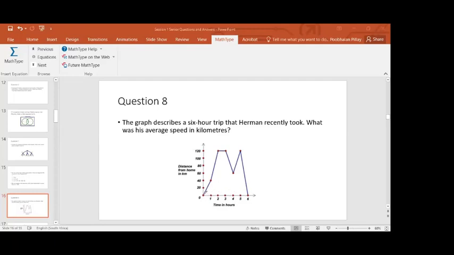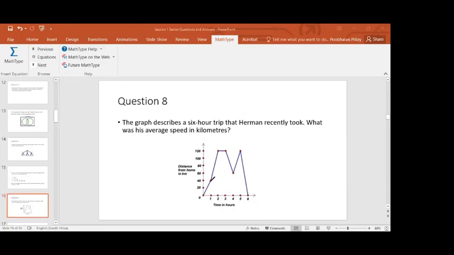At 0, he's still at home. But now as he moves from 0 to 30 minutes to 1 hour, he plots this point because he's traveled now 40 kilometers. So after 1 hour, he's traveled 40 kilometers, right? So at different points here, he has traveled different distances.